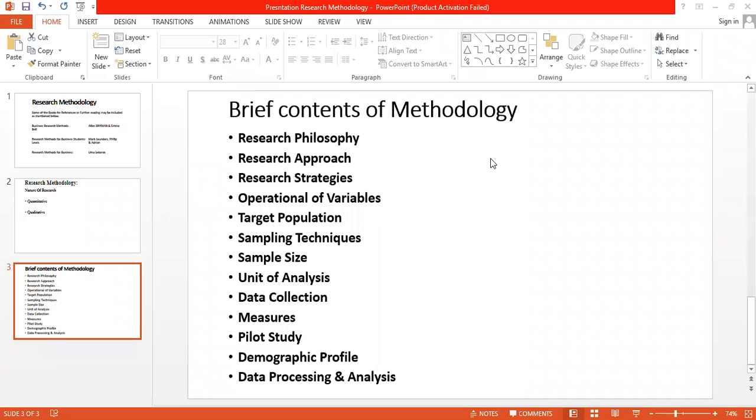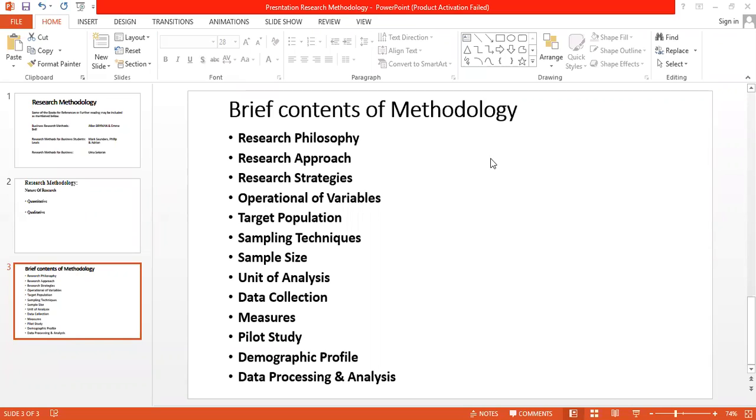First of all, we shall discuss it from the thesis point of view, what the methodology will contain. It is not mandatory that the sequence will be the same. There can be a few more or fewer headings, or some of these headings may be left out.